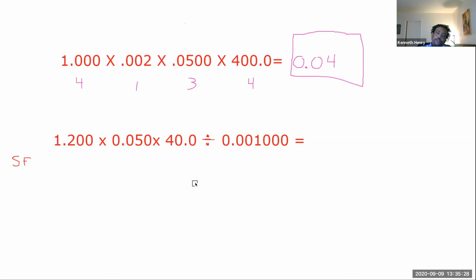Okay, so what are we going to do first? We calculate how many significant figures are per number. Okay. How many do we have here? 4. Here, 2, here, 3, and here, 4. Okay, so my answer is going to have how many sig figs? 2. Okay.